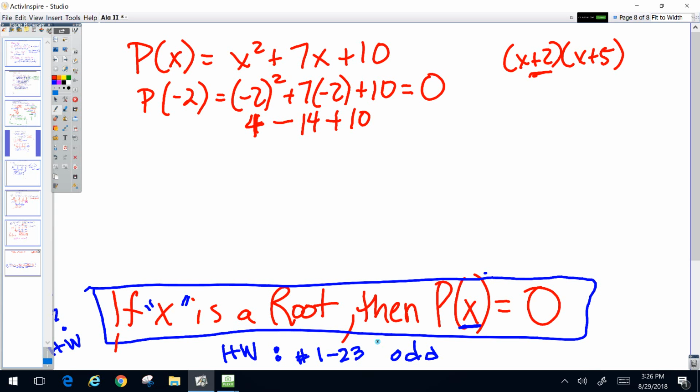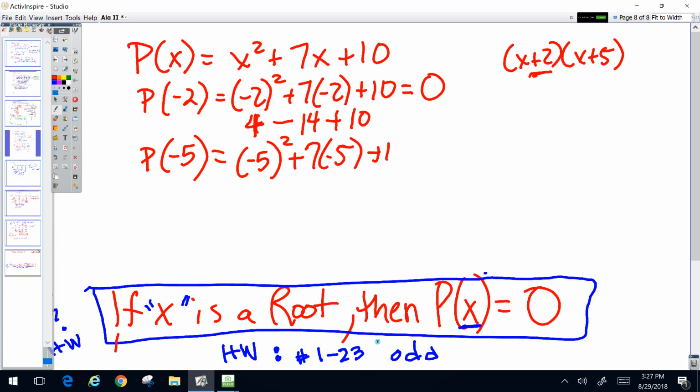Pretty cool. And just to prove it, let's do negative 5. This gives me 25 minus 35 plus 10. What is that? 0. We know the remainder is 0 because we know those are two factors.